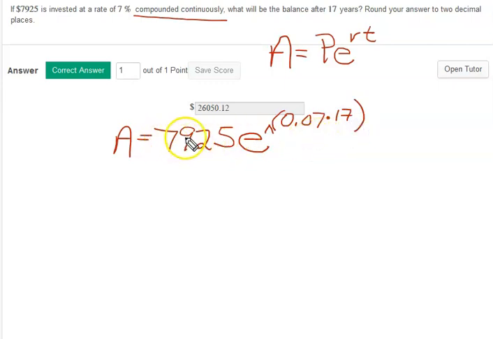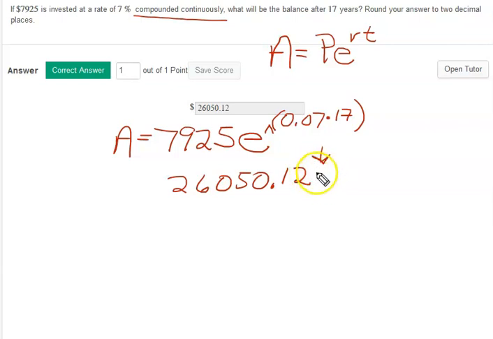So what you need to do is pause, write this into your calculator, and then see if you get this answer, which is 26050.12. Now, you're going to get more places here. You have to see what's in the third place.